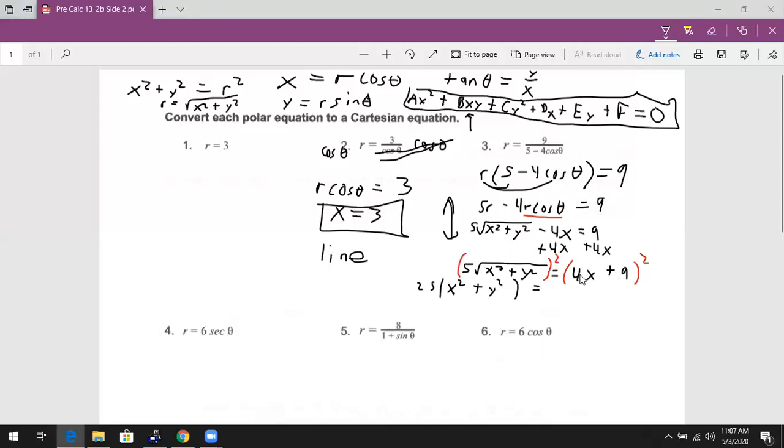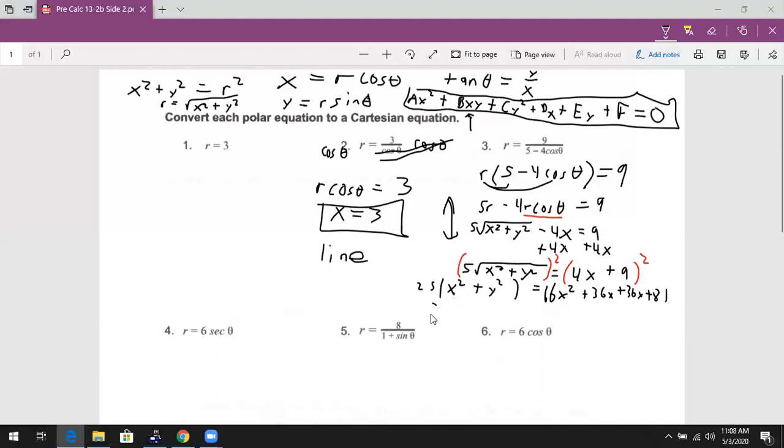Over here, I got to FOIL this, so first times first is 16x squared. Outside times outside, plus 36x. Inside times inside is plus another 36x. And last times last is plus 81.